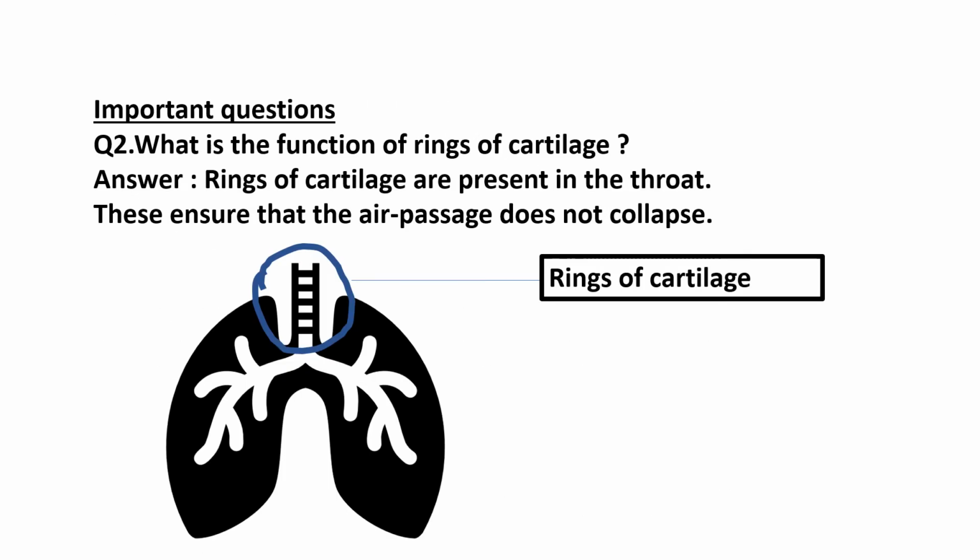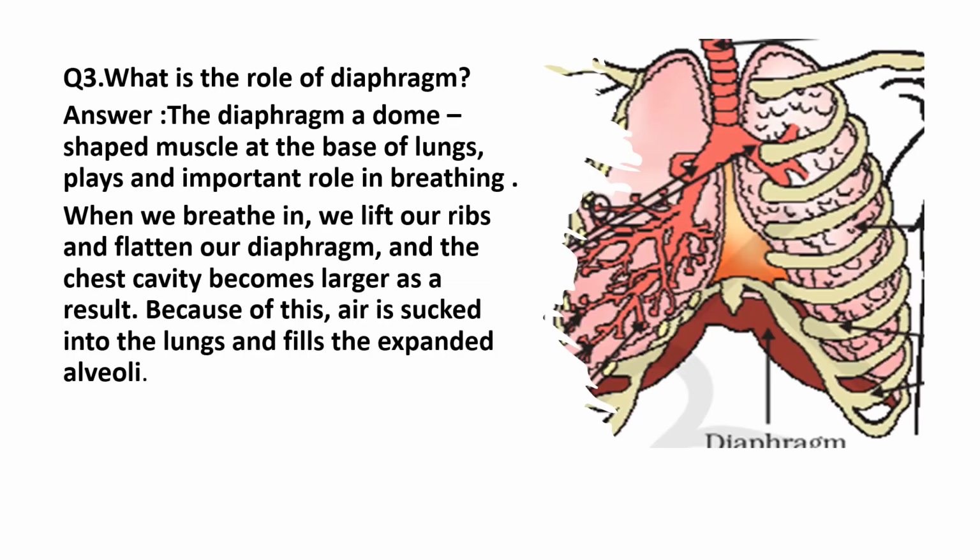Now let's learn a few important questions that have been repeatedly asked in the board exams. What is the function of rings of cartilage? Rings of cartilage help the air passage not to collapse. That means they ensure that the air passage does not fall off. They are present in the throat. What is the role of the diaphragm?